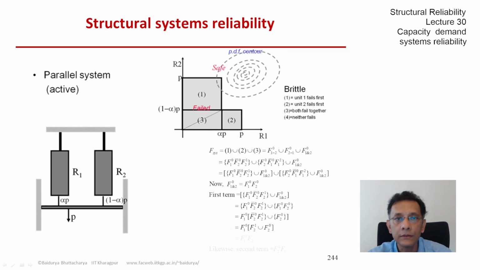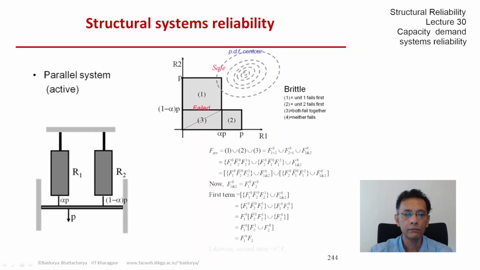Now that event, that union, saying that 2 fails after 1 fails, or 2 fails in intact stage, it basically means 2 fails. That's all. So if we interpret that and give a symbol, F subscript 2, then we can define the first set of events as F01 intersection F2.